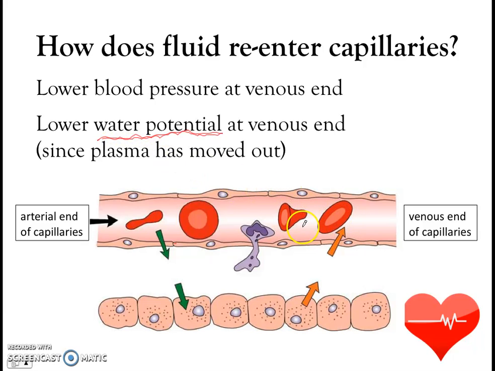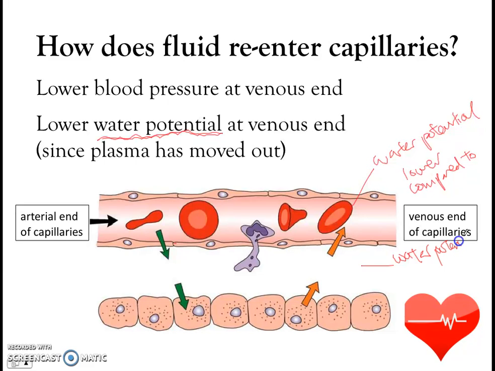That's because plasma has moved out of the capillaries earlier, and plasma is made up mostly of water. So a lot of water has moved out of the capillaries, so that by the time we reach the venous end, the water potential inside the capillaries is very low. The water potential inside the venous end of the capillaries is much lower compared to the water potential of the tissue fluid.